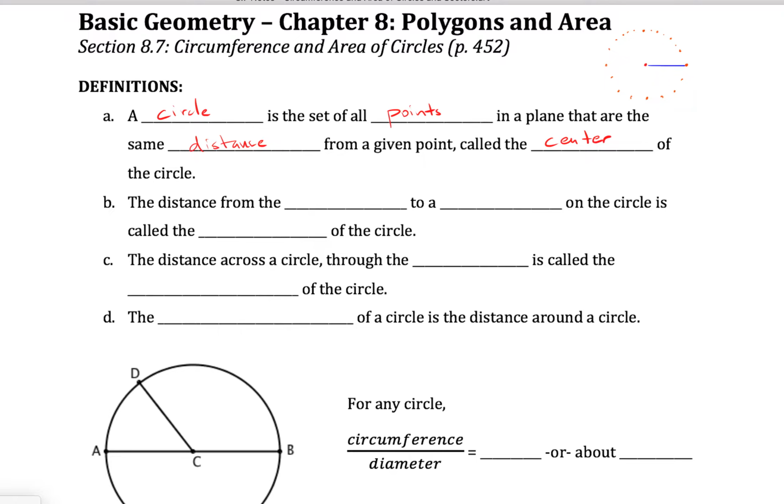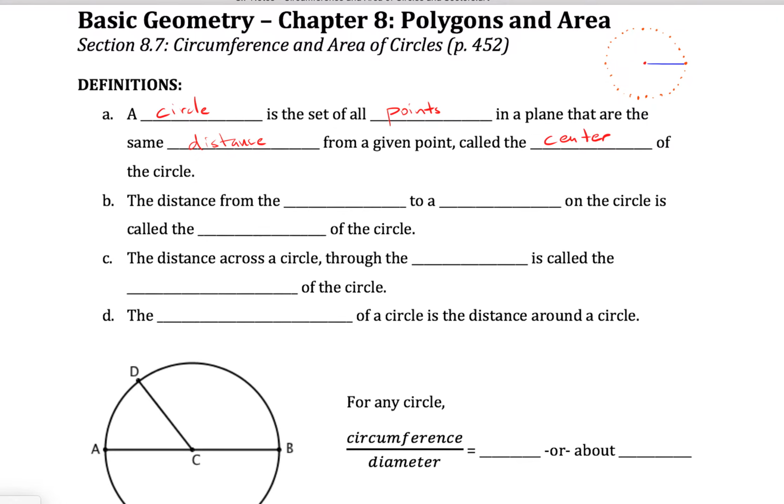As I fill in all these spaces between the points that I've already measured out, I start getting something that looks an awful lot like a circle, right? So we can understand where this definition of circle comes from. So it's the set of all points in a plane that are the same distance away from a given point that we're going to call the center of the circle.